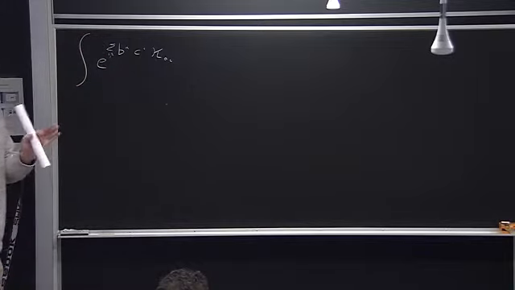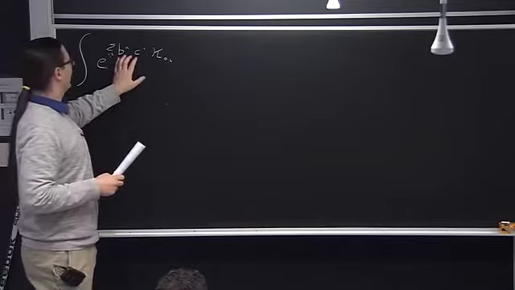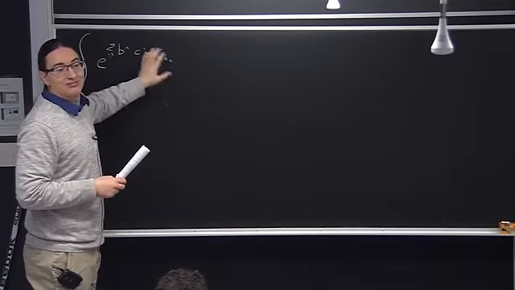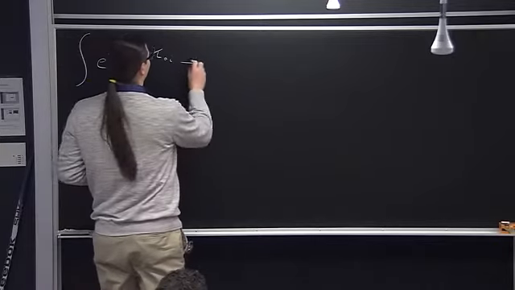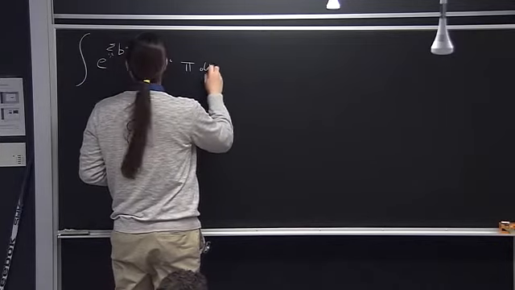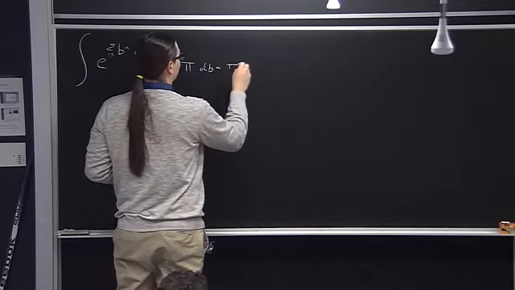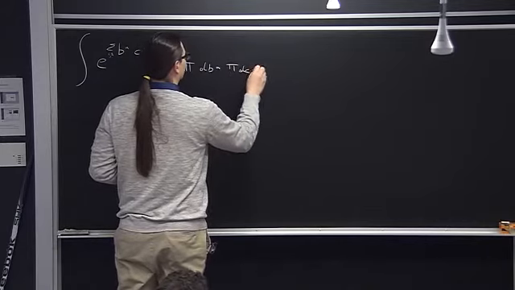Just the quadratic part, the kinetic term in the action. There will be some bilinear of b's and c's with some numerical coefficients, and then the product of the b's and the product of the c's.